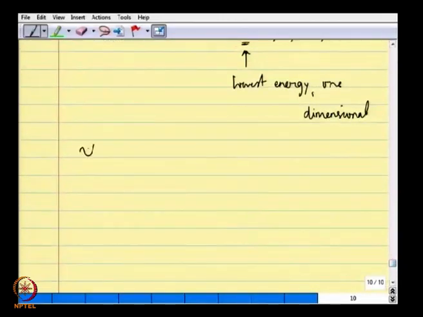And the wave functions are somewhat more complicated than the particle in a box.